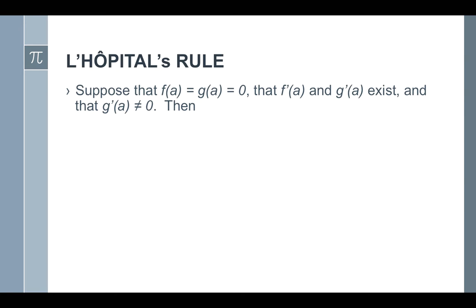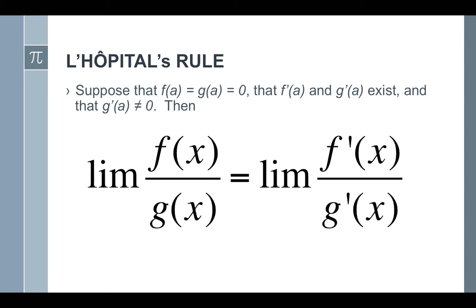Suppose that f of a and g of a are equal to 0 in our limit, and f prime of a and g prime of a exist, and that g prime of a is not 0. Then we get this very nice statement: as x approaches a.